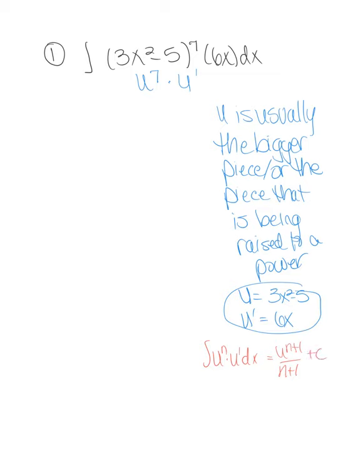Notice here that the u prime, even though we have to have it, does not come out in the answer. What actually comes out in the answer, and I'll leave this in terms of my u and then we'll put it back in a minute, is u to the 8th power over 8 all plus c. Then putting back in my u, and I tend to like my fractions in front, I would rewrite this as a positive 1/8 times our u choice, which was 3x squared minus 5, raised to the 8th power, all plus c.